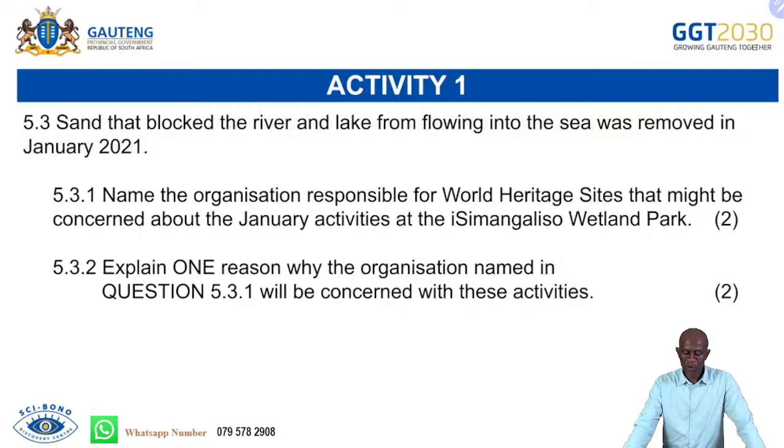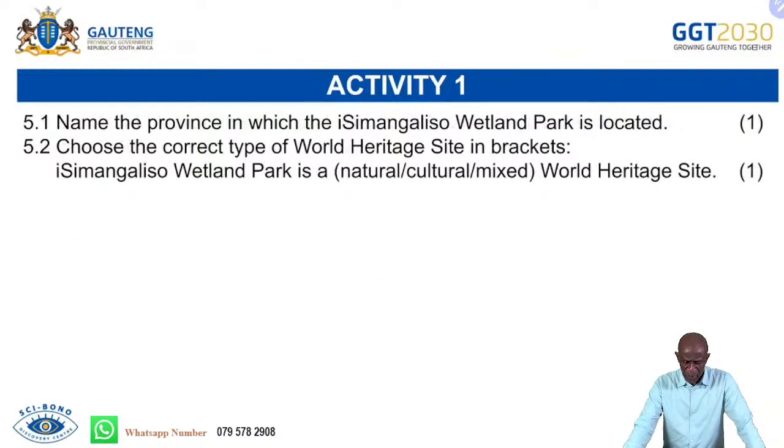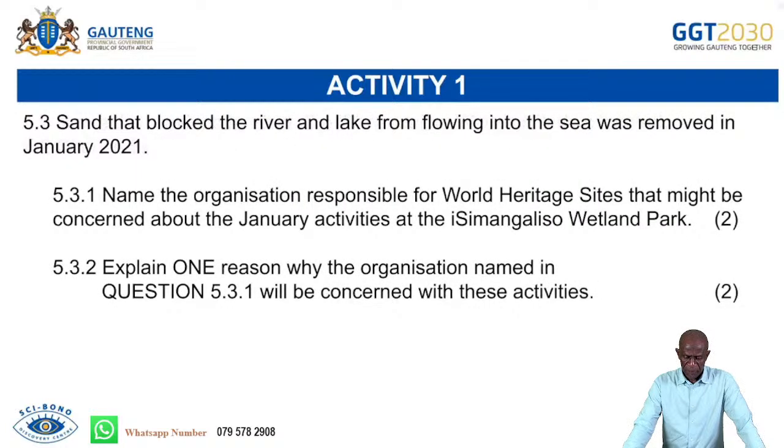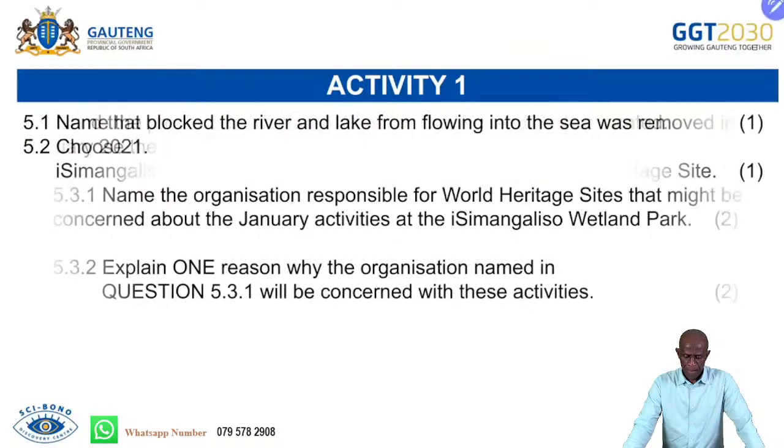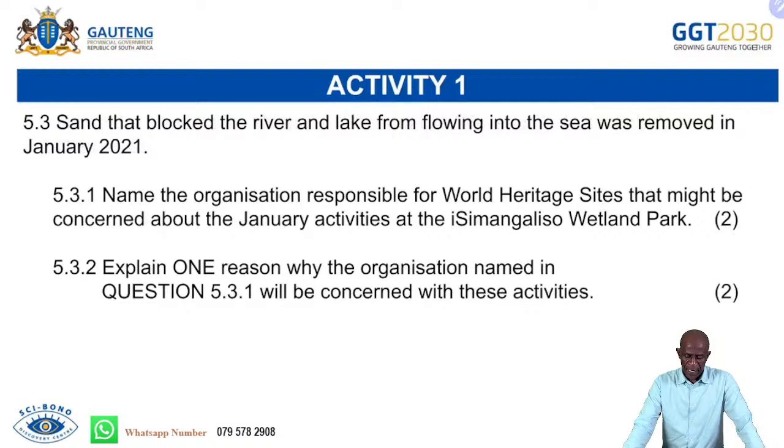5.3.2, explain one reason why the organization named in question 5.3.1 will be concerned with this activity. Right, we are at 5.3.2.